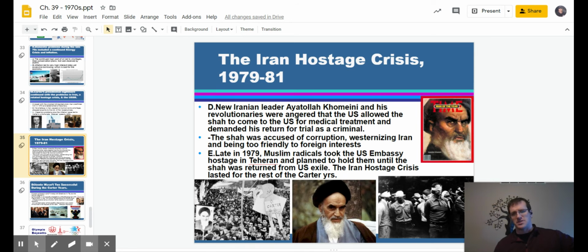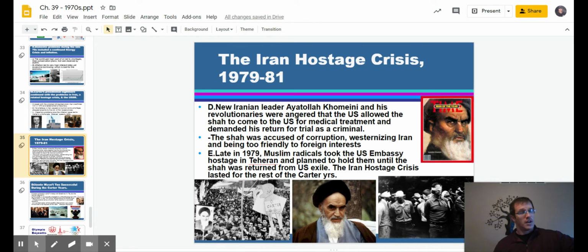And so what happens is these revolutionaries, they take control of the U.S. embassy in Tehran, and they plan to hold those individuals that were in the American embassy hostage until the Shah is returned to Iran so that he can stand trial. And the Iran hostage crisis lasts for the remainder of Carter's time in office.